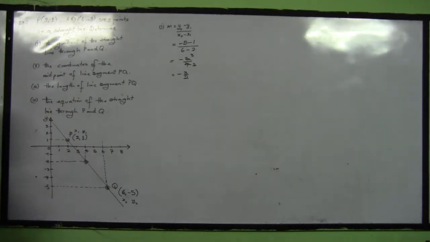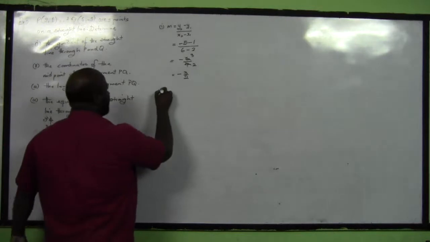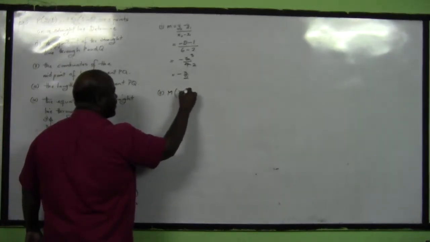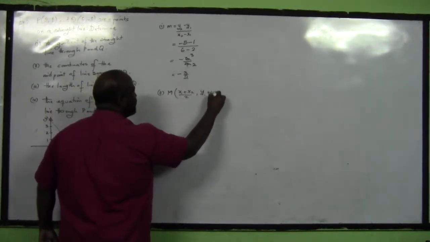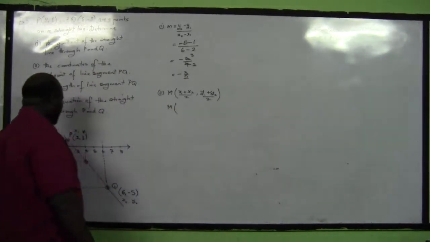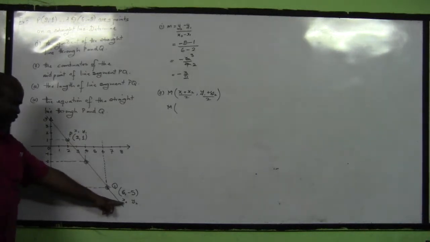Let us look at the midpoint. Let's say the coordinate is going to give us this. The midpoint M is x1 plus x2 over 2, comma, y1 plus y2 over 2. What is x1? 2. x2? 6.